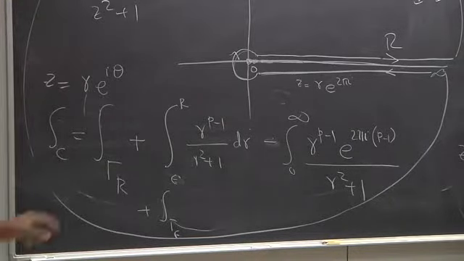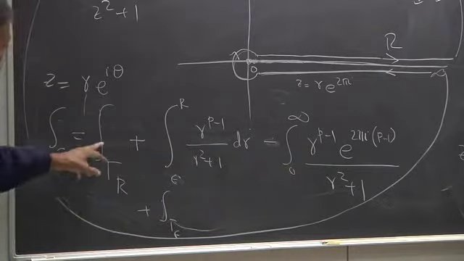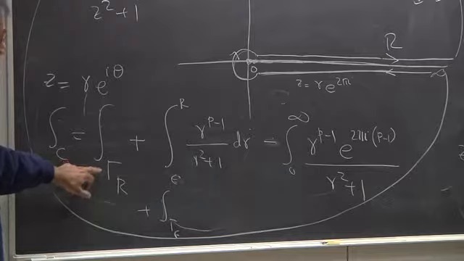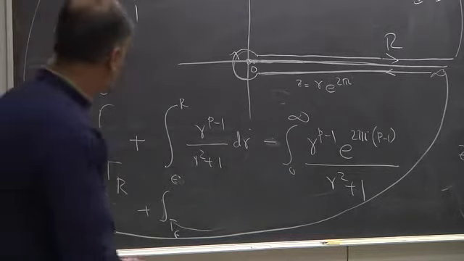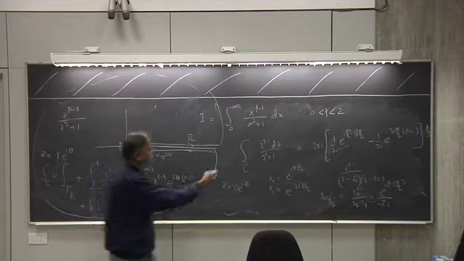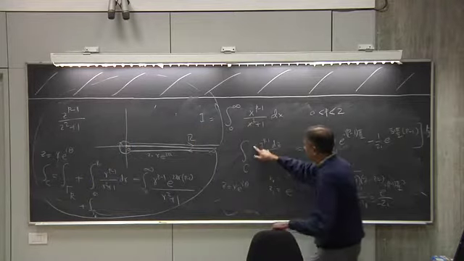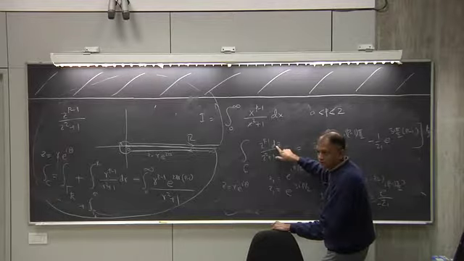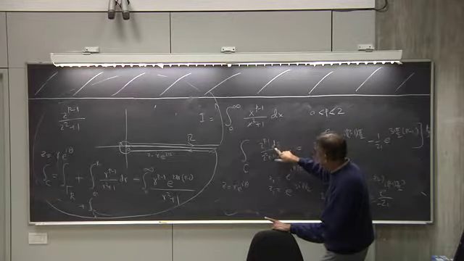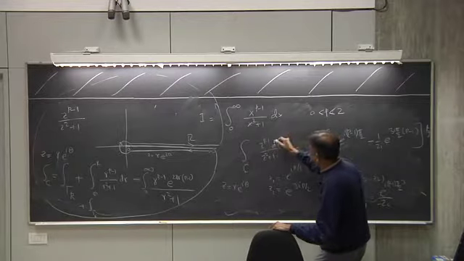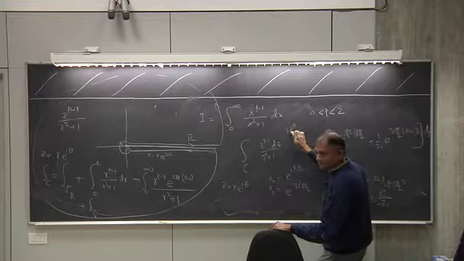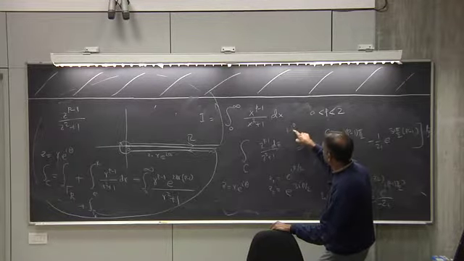Now let's look at these two integrals. Gamma r integral: here it's easy to see how it behaves. This behaves like capital R to the p minus 1. The measure will give you capital R, I mean, z on gamma r is capital R times e to the i theta, so dz will give you R e to the i theta times i d theta.